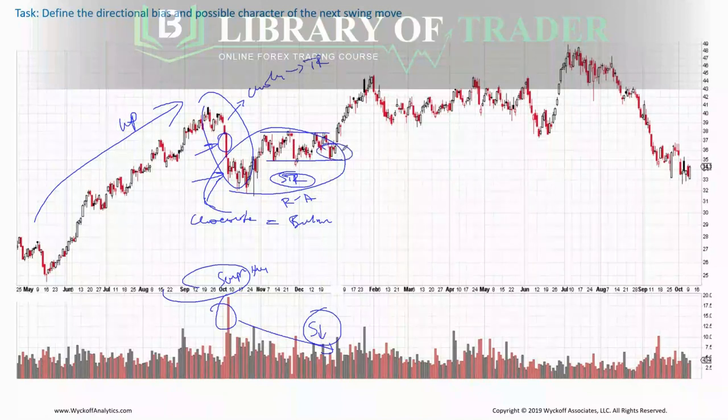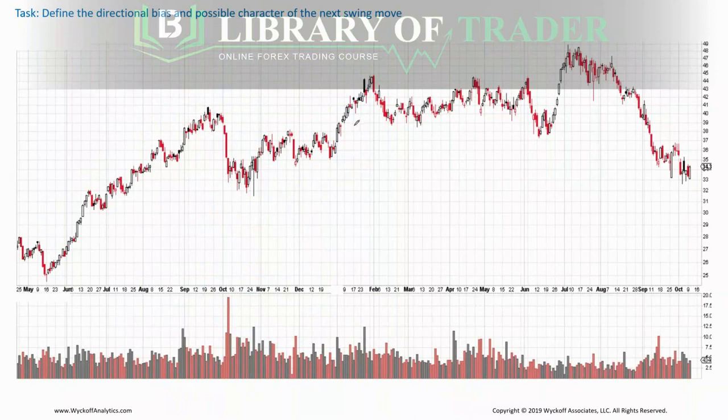From here, if we rally, we're probably going to rally above the buying climax high, which we do, and we go into the upthrust. On the rally, is this a good rally for us? Does this rally confirm the up bias that we've created so far?